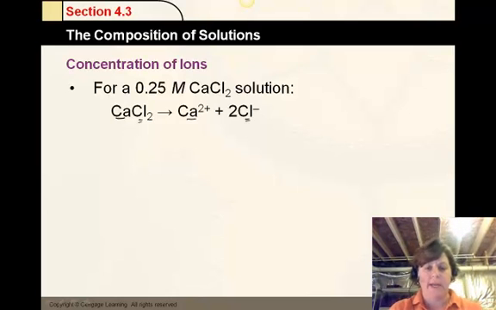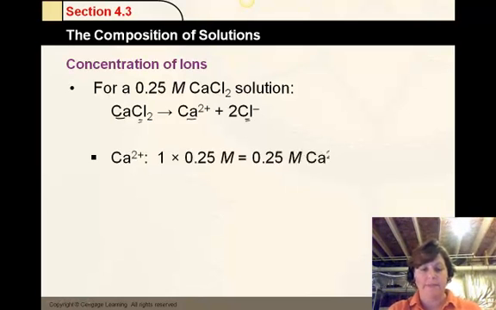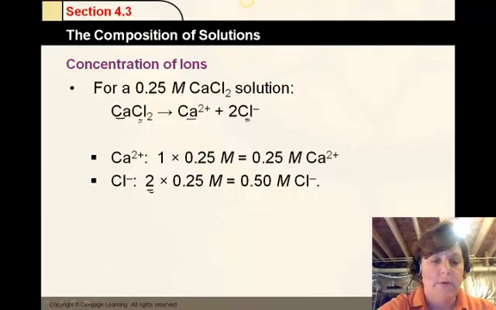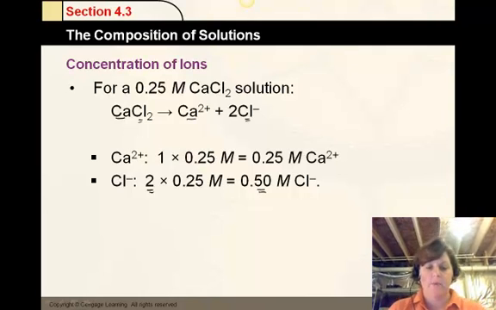Now each chlorine is worth -1, so you see that written there like this. So if we're looking at the concentration of the ion specifically, we have 1 calcium, that's 0.25 molar, so the concentration of calcium is 0.25, but chlorine is a little bit different. We can produce twice as many chloride ions as we can calciums, thus there's the 2, and you can see that we have twice as many chloride ions in solution.